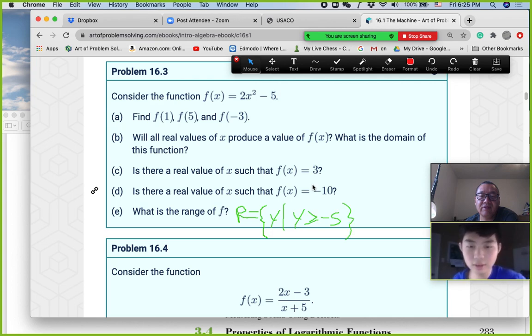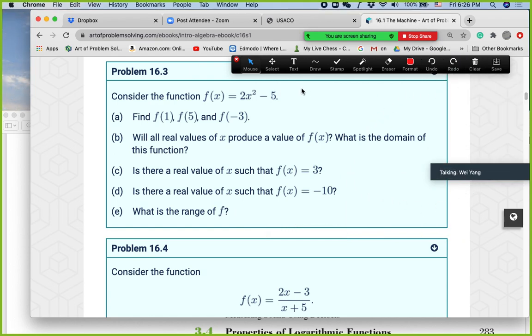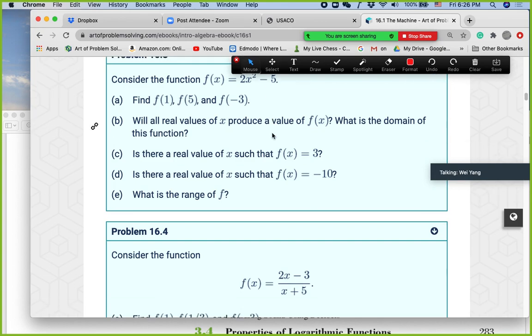Like that. Yes. Very good. Another way, can you use interval format to represent it? That. Yes, very good. This is correct. Very good. Now let's go to the next one.